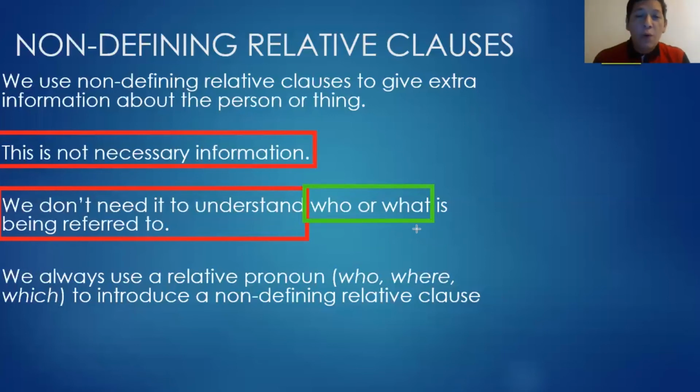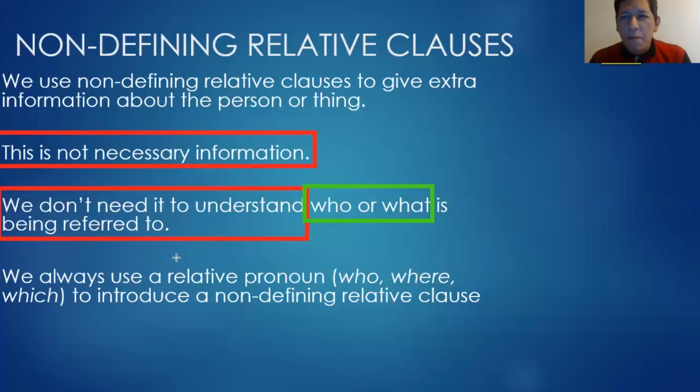You know who you are talking about, you know what it is that you're talking about, but maybe you want to give extra information. So if you want to give extra information that is not necessary, but that complements your idea, you can use non-defining relative clauses, okay? Now, it says, we always use a relative pronoun, who, where, or which, to introduce a non-defining relative clause.